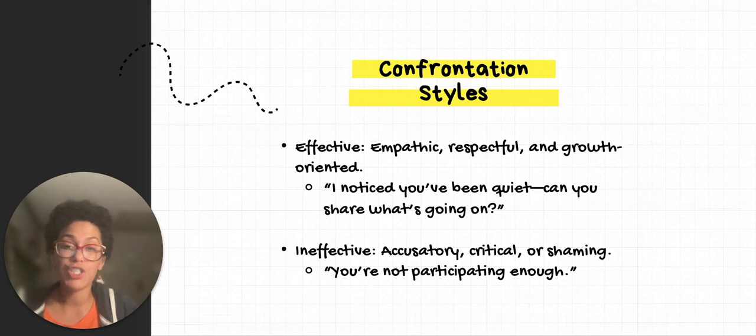Ineffective confrontation tends to focus on criticizing the person rather than exploring the underlying issues. So the key to effective confrontation is empathy and respect and a focus on helping the member explore their feelings and behaviors in a constructive way.